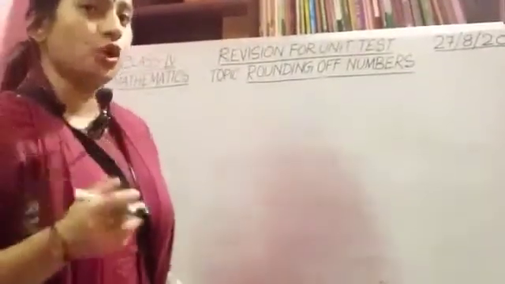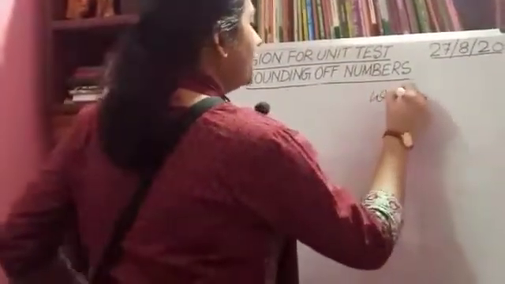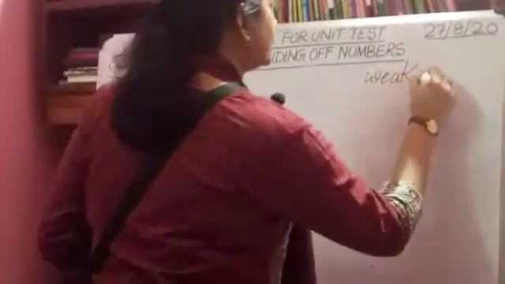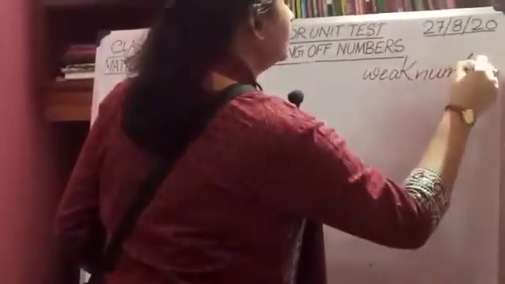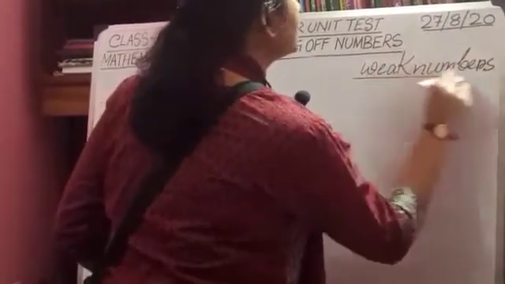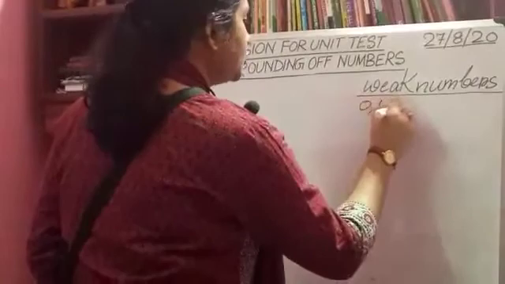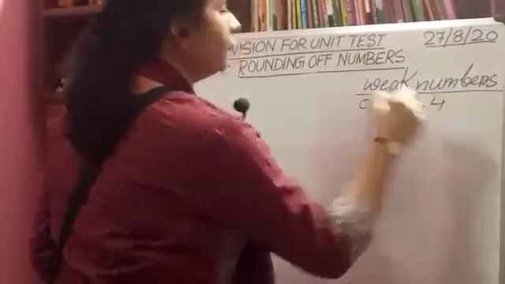So, here I am going to talk about two types of number. One type of number, I am going to call them weak numbers. Right? These are the weak numbers. Who are they? They are 0, 1, 2, 3 and 4.